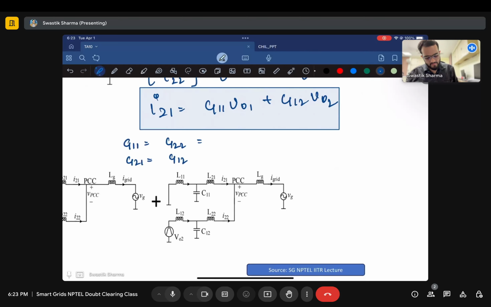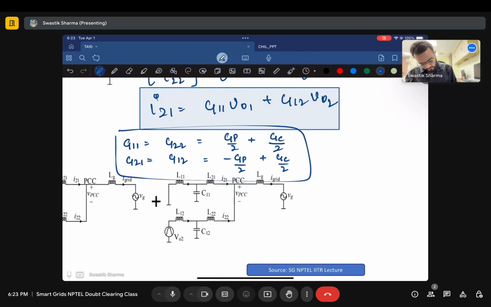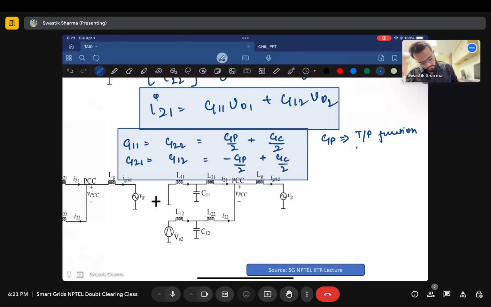For a 2 bus system they will be given as GP by 2 plus GC by 2, and for G12 they will be given as minus GP by 2 plus GC by 2, where GP is the transfer function without LG, you don't take the grid into account, and GC is the transfer function with LG, you take LG into account here.